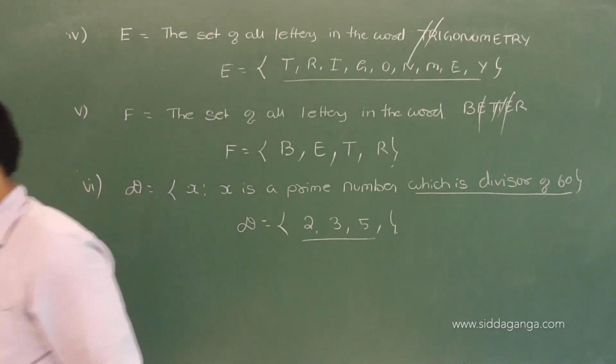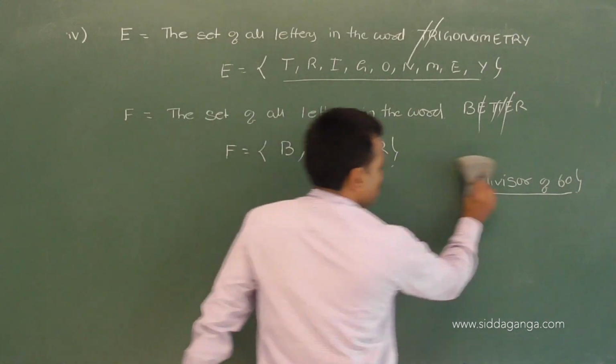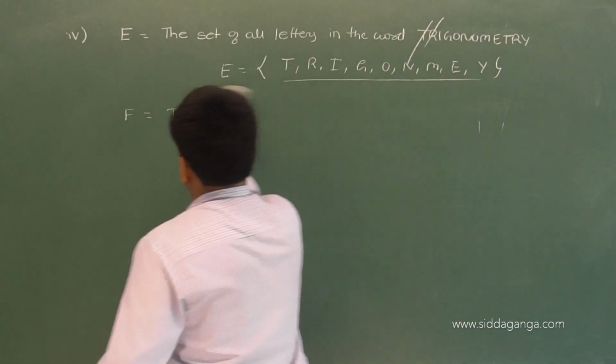Third main is over in 1.1 exercise. So we see the fourth main.